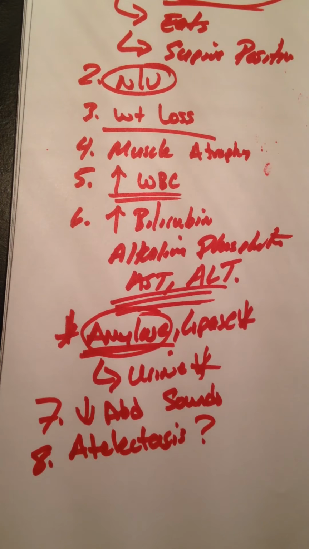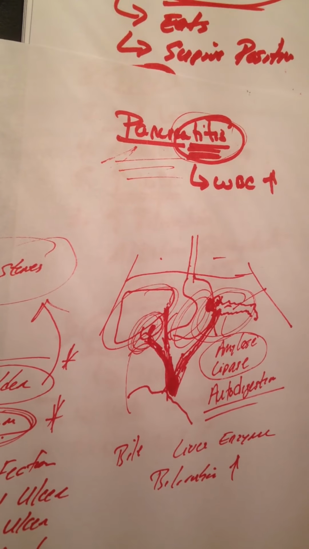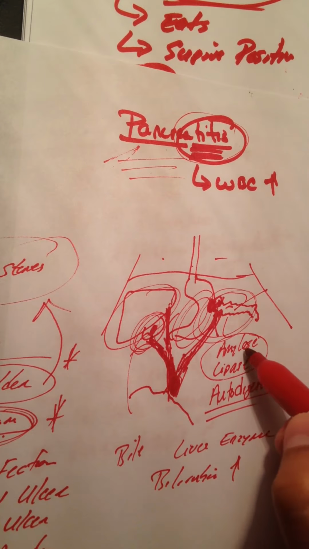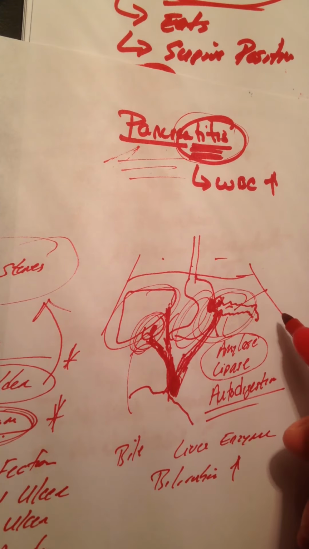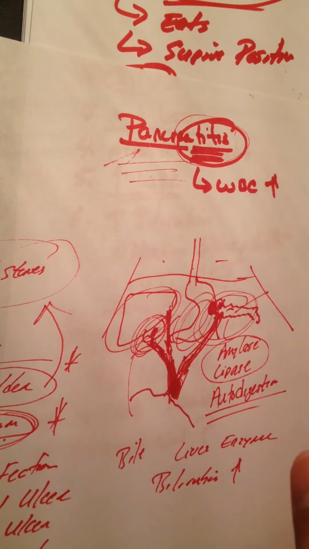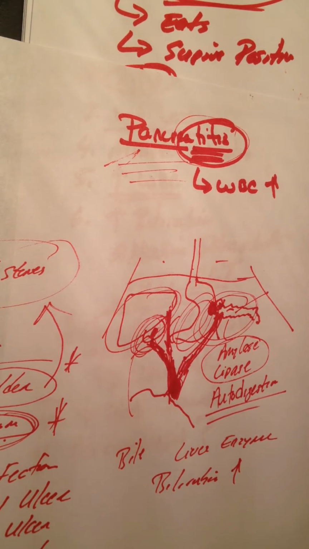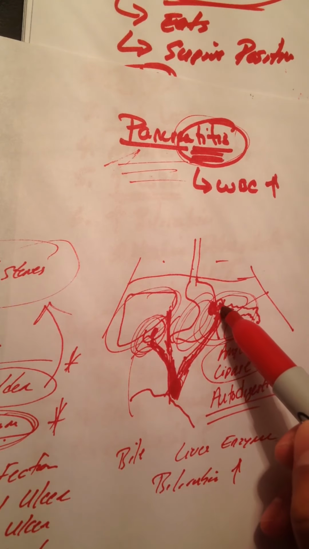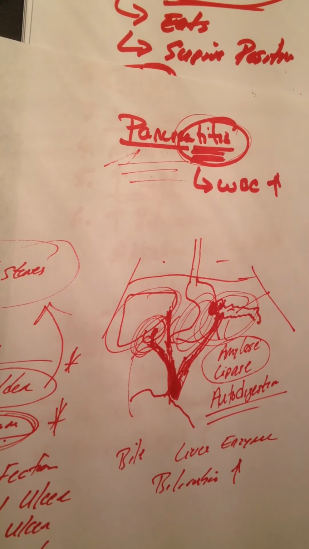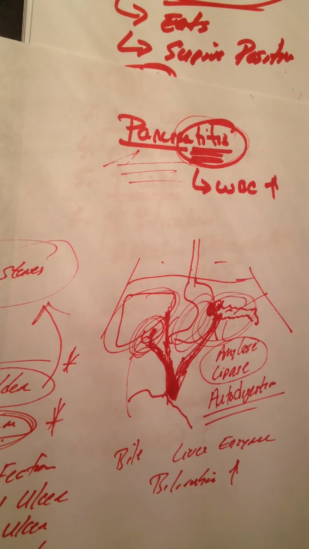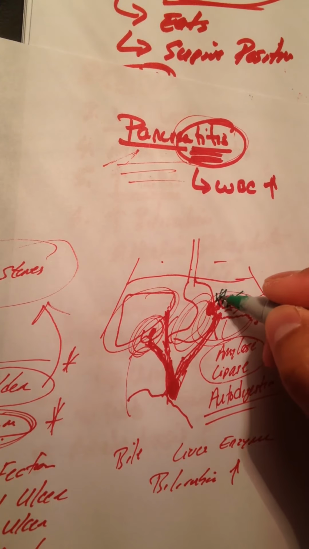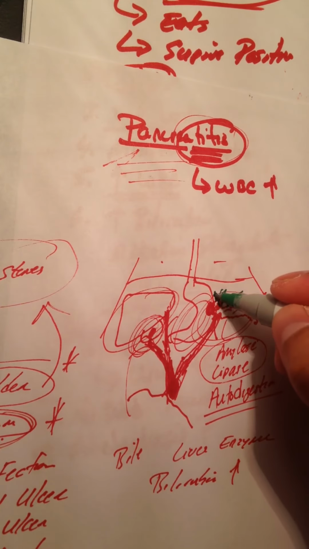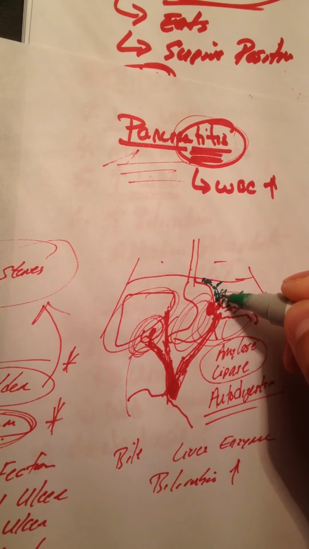Well, if we look at my awesome picture here that we did a little bit ago, you have this amylase and lipase and other pancreatic enzymes. What they do is they digest food. That is their sole purpose, to digest materials. Well, if this is beginning to leak out of the pancreas, you have all these enzymes coming out, leaking out. If it's sufficient amounts, they can actually begin to digest the diaphragm.